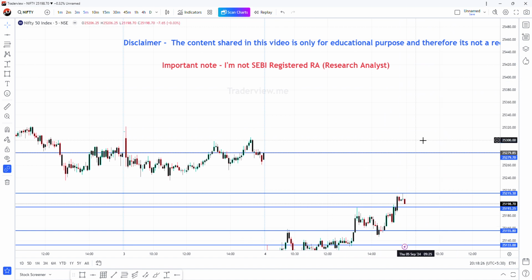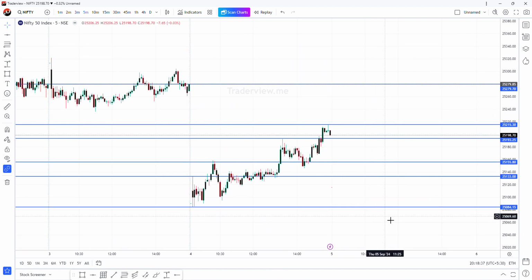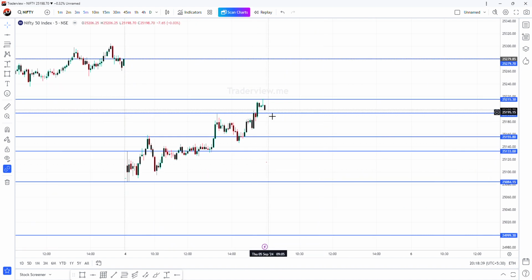This time there is a high chance the first target will be around 25,340 and again 25,400. Fine. Please draw these levels. In case there is a gap up opening and it starts trading towards the downward direction, these levels are going to act as very important support.